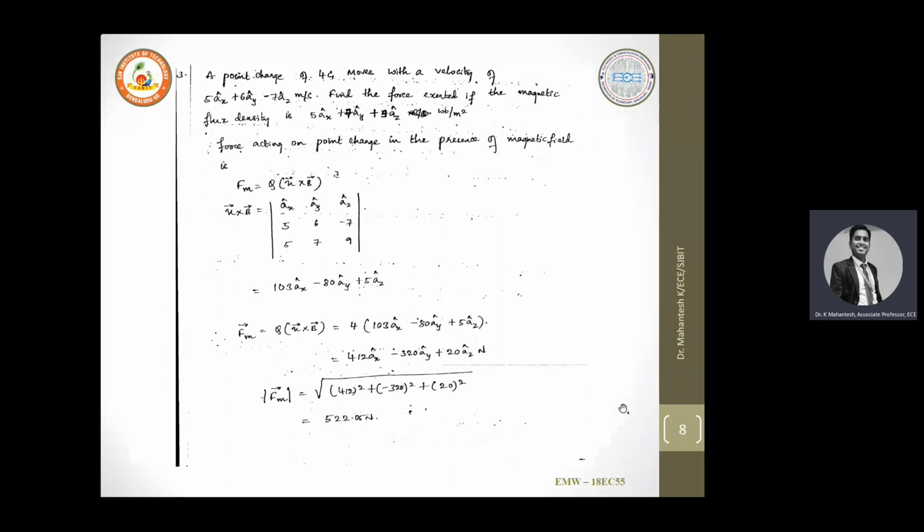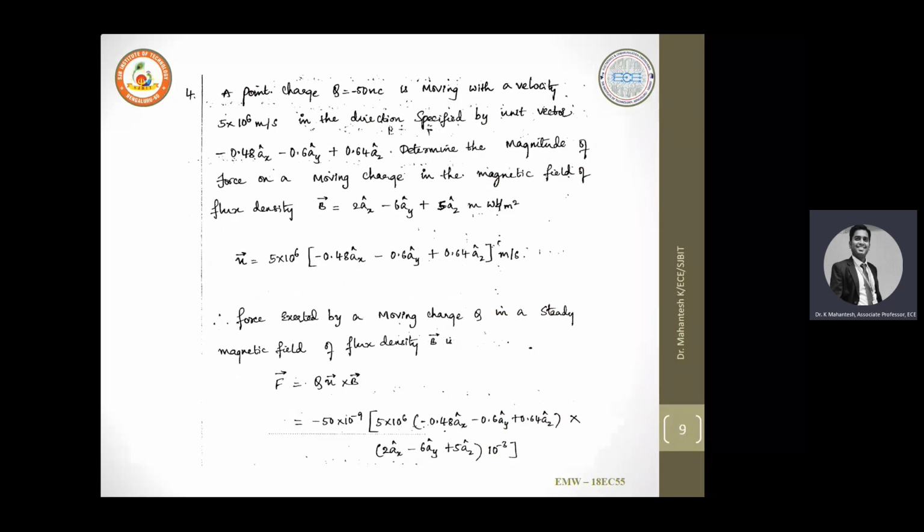Similarly, another problem where the velocity is given by 5 into 10 power 6 in the direction specified by the unit vector. So here the vector velocity is the product of a magnitude of velocity and the unit vector.